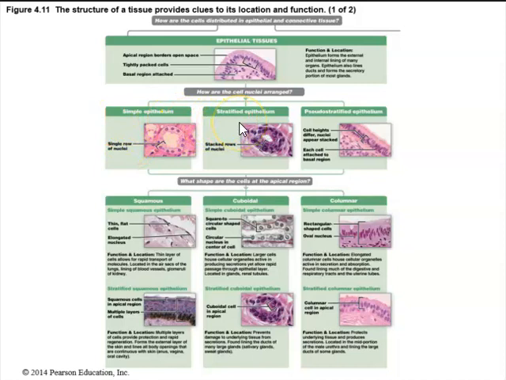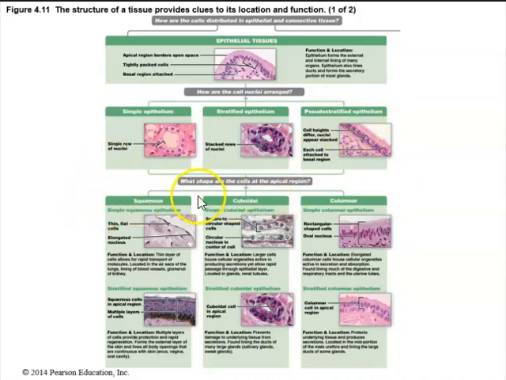If there are two or more, we call it stratified. And then we looked at pseudostratified. It was still one layer, but because of the level of the nuclei within the cells, and some cells don't even reach the apical surface, they look somewhat stratified, but really it's just one layer of cells, so we called it pseudostratified. And then we look at the different shape of the cells at the apical surface.